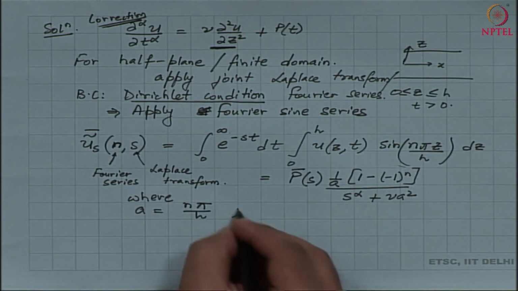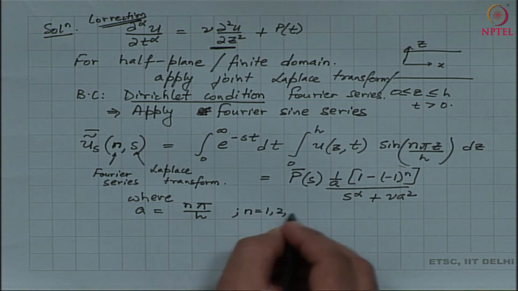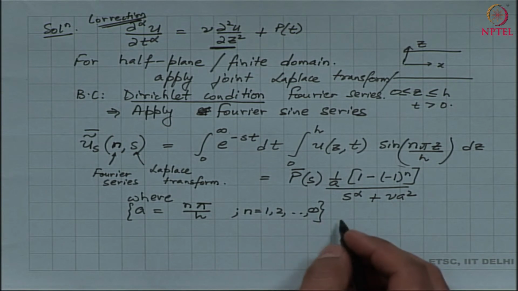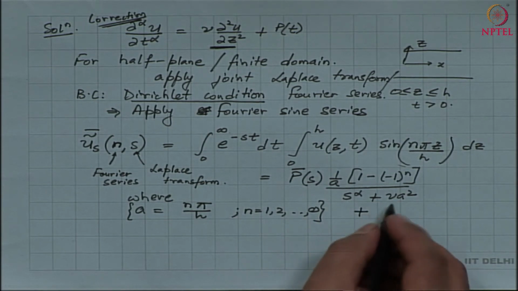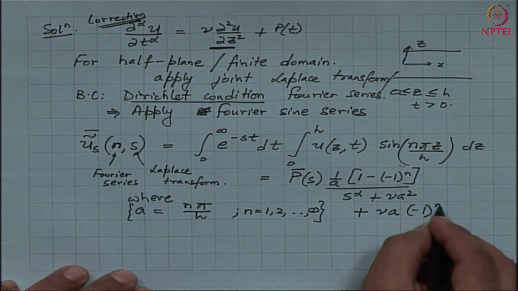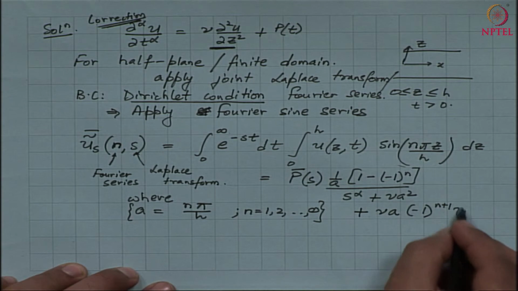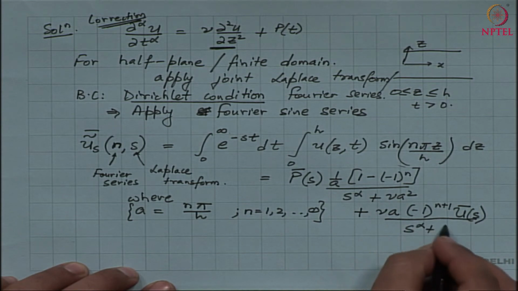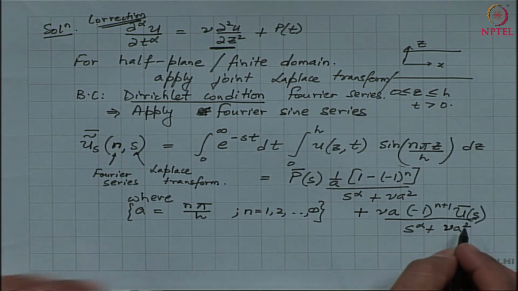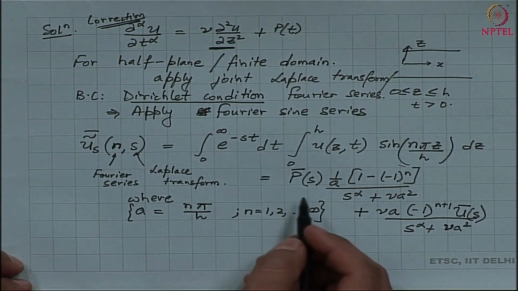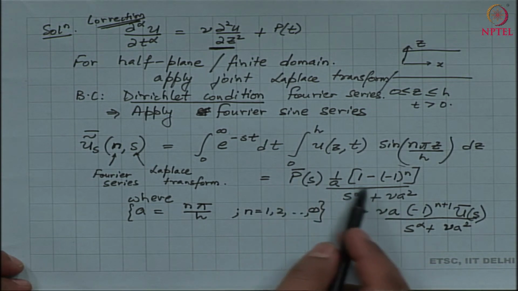And n is 1, 2 and so on to infinity. Plus the second term is nu times a times minus 1 to the power n plus 1 of u bar of s, the solution, divided by s to the power alpha plus nu a square.